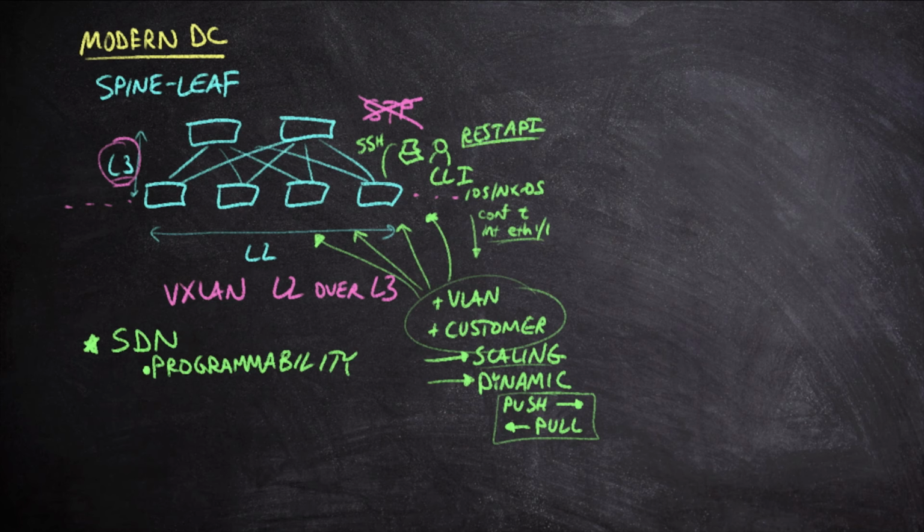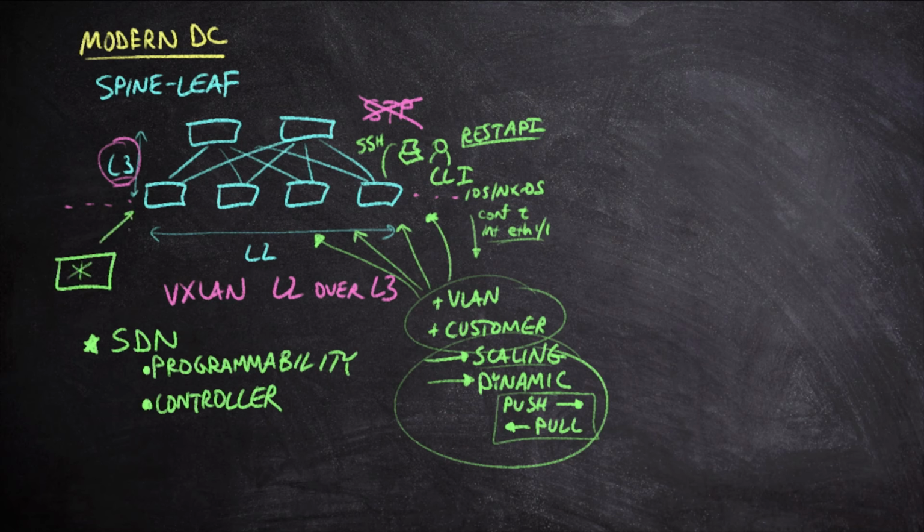That's huge. I mean, it's really fun for me to make my own REST API calls. But in order to really embrace this model of saying we need to scale out and have dynamic pushing and pulling mechanisms, we also need to have a controller-based architecture. Some kind of SDN controller that now is going to sit out here, and this controller is going to manage the environment for me.